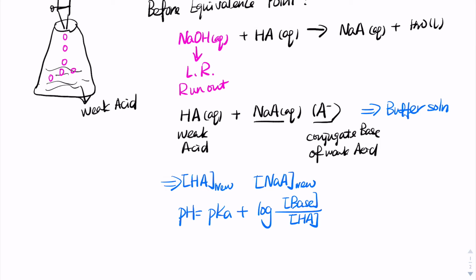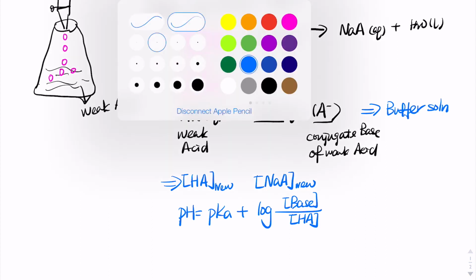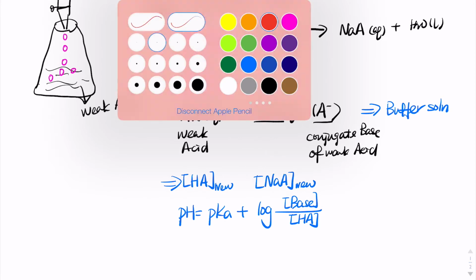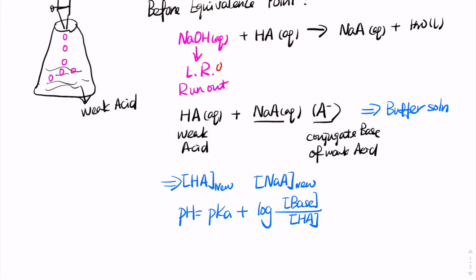Then you'll be able to find out the concentration of each. So I'll just give you some numbers over here. Just say you added 0.1 mole of base. That's initial, and then just say you had 1.2 moles of the acid. You're going to consume this 0.1 moles as your limiting reagent, and then what's my leftover?